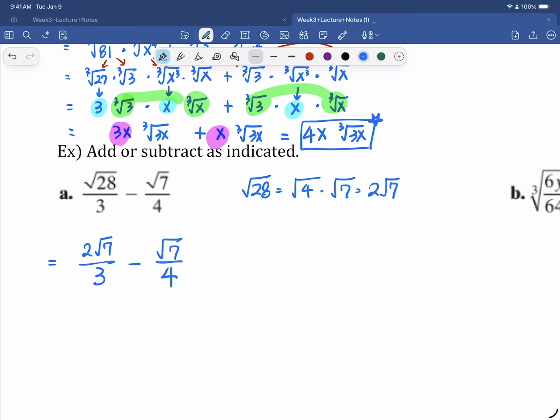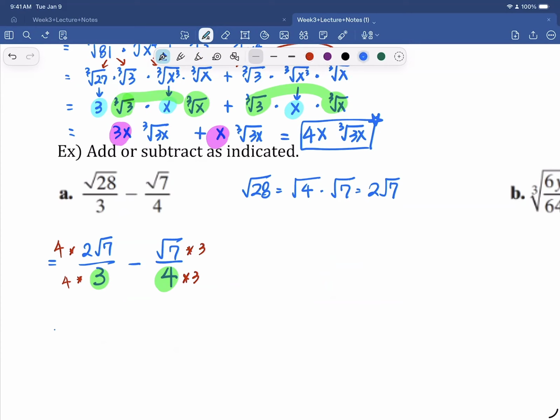Then you have to think about the common denominator between 3 and 4, which is 12. So we multiply this one by 4 and this one by 3, because 4 times 3 is 12.